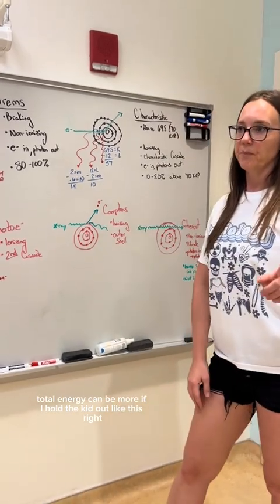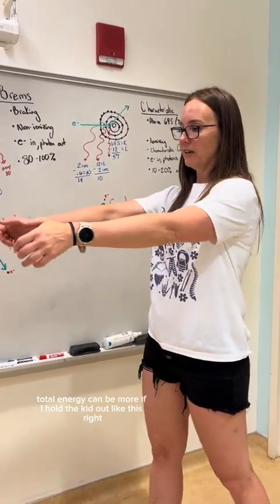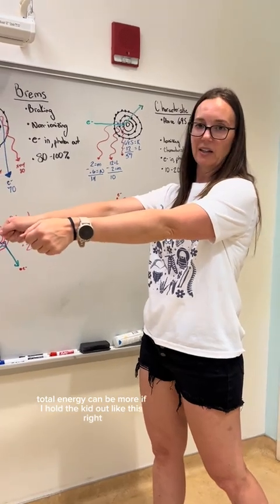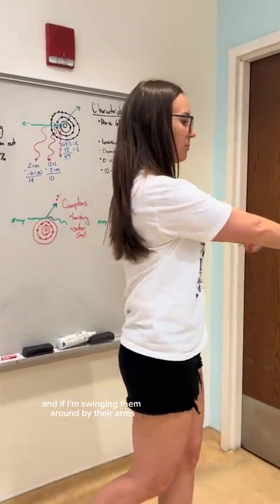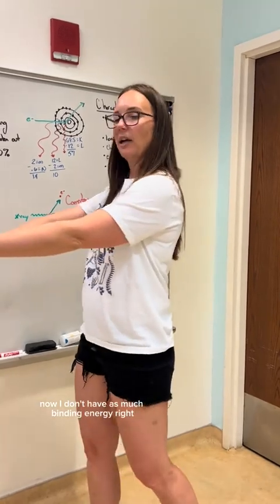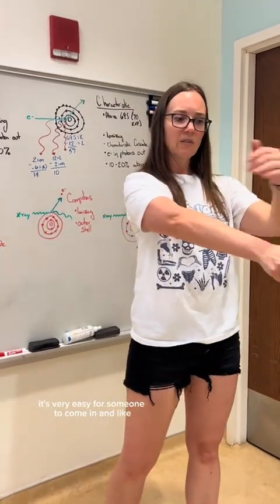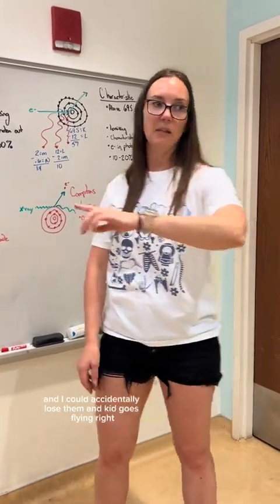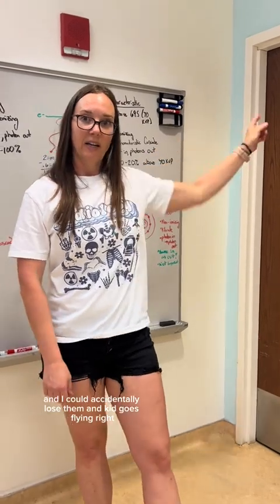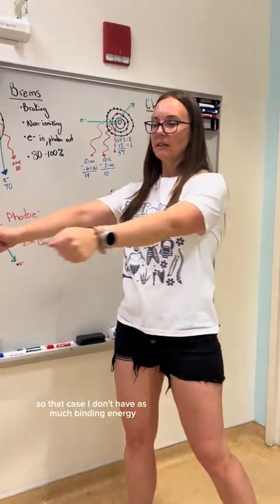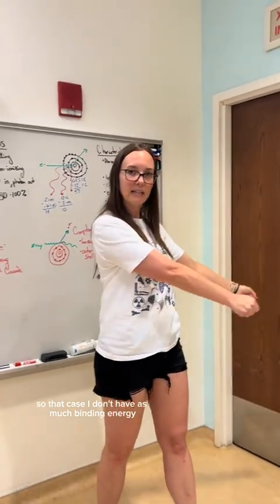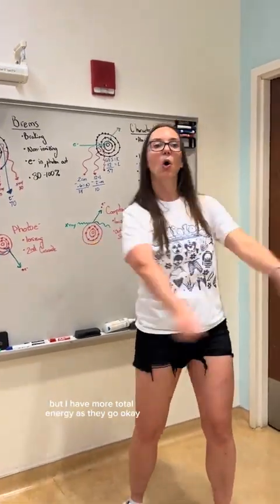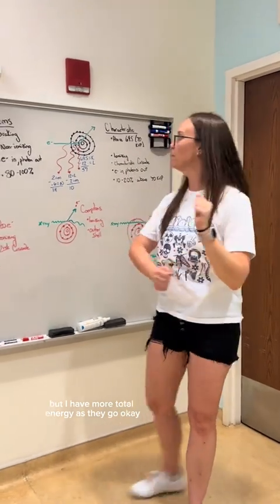Total energy can be more if I hold the kid out like this, right? And if I'm swinging them around by their arms, now I don't have as much binding energy, right? It's very easy for someone to come in and knock my hand loose and I could accidentally lose them and kid goes flying, right? So in that case, I don't have as much binding energy, but I have more total energy as they go, okay?